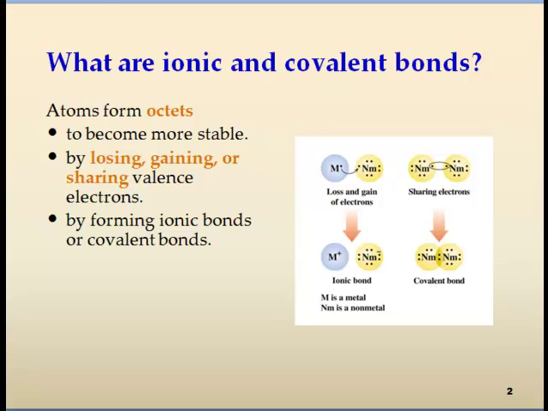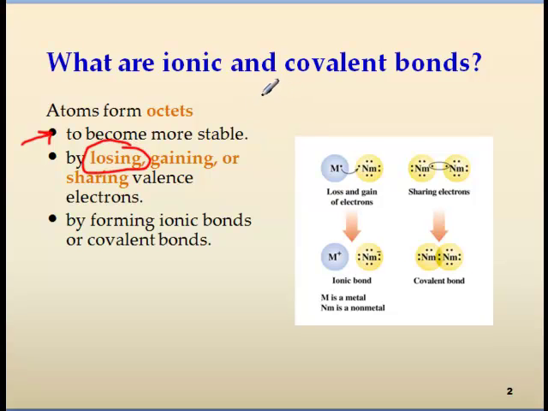So in order for an atom to have 8 in its outermost shell and to become stable, it has 3 options. Option number 1 is to lose electrons.